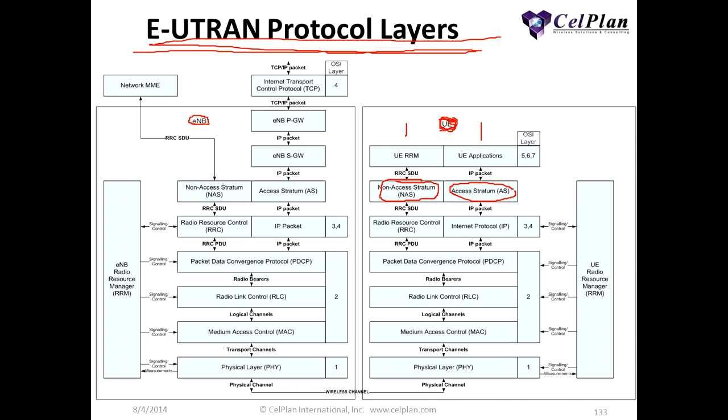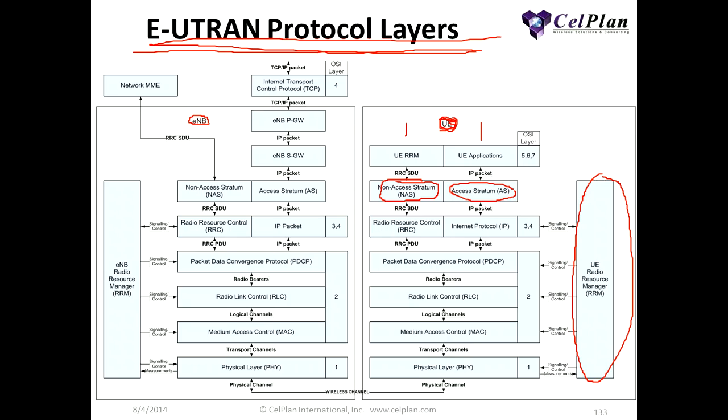Also, there is one element called radio resource manager that really acts over all the different protocol layers. So imagine this as being a processor that sends information to each one of the protocol layers, gets information from each one of them, and processes it.